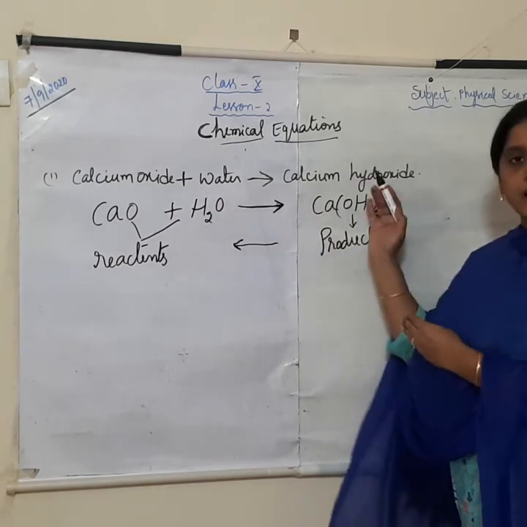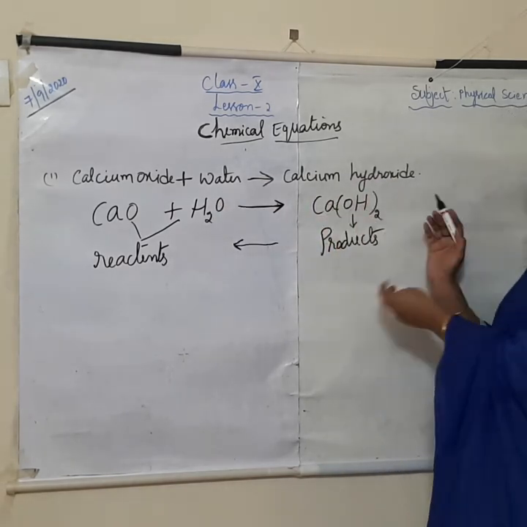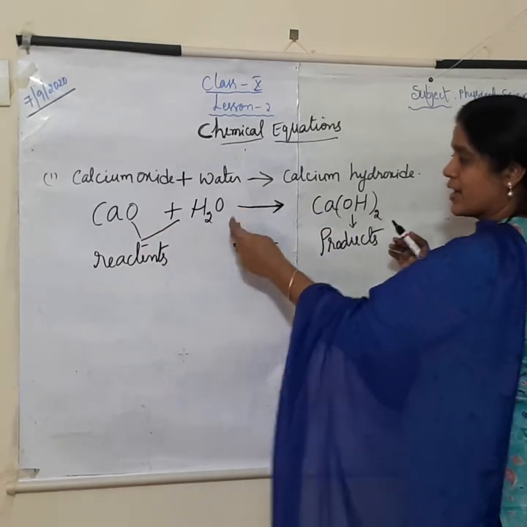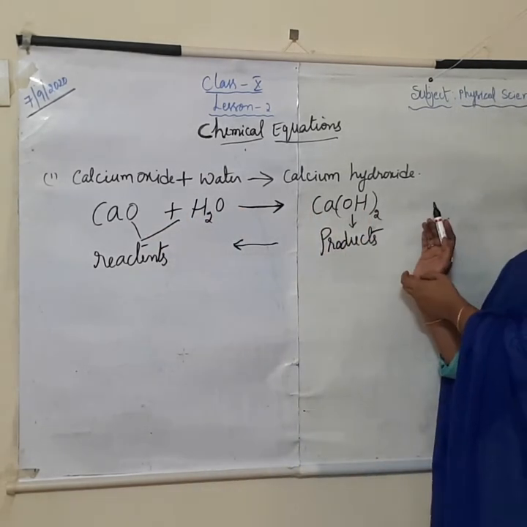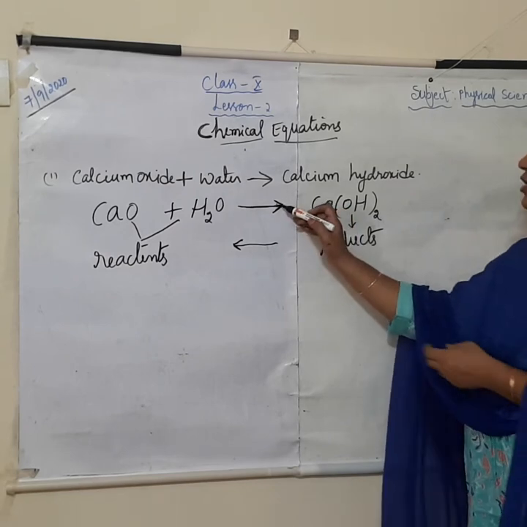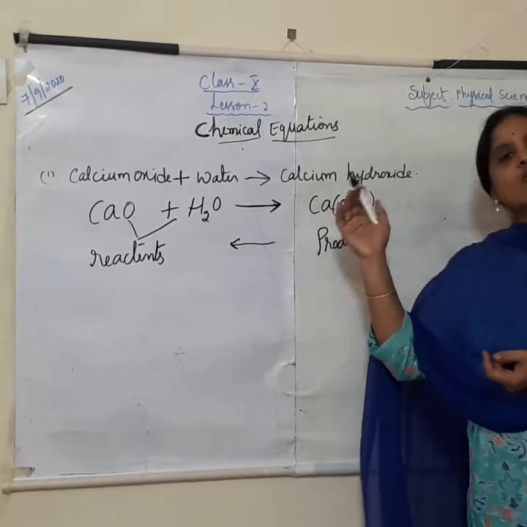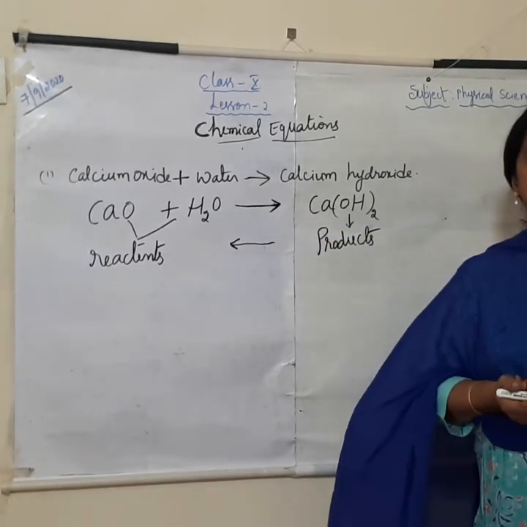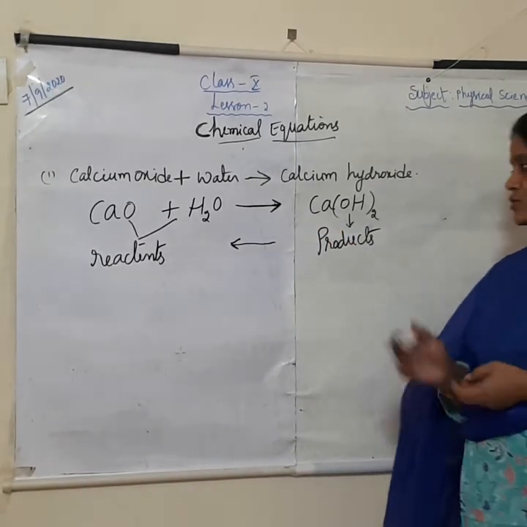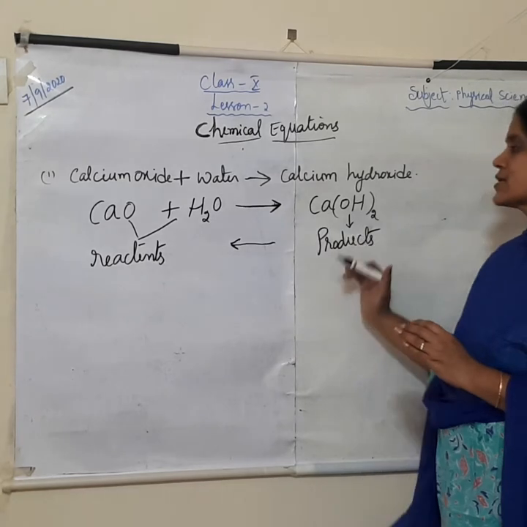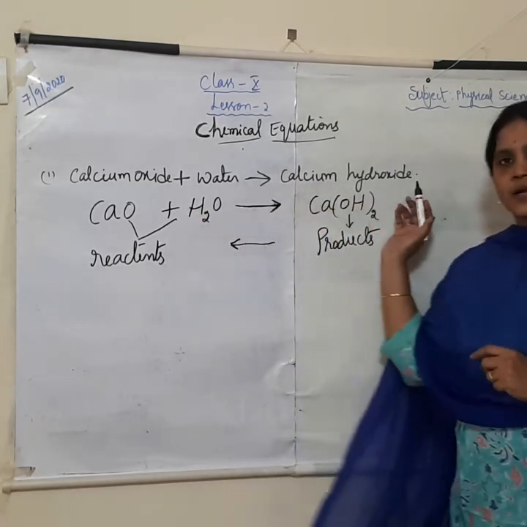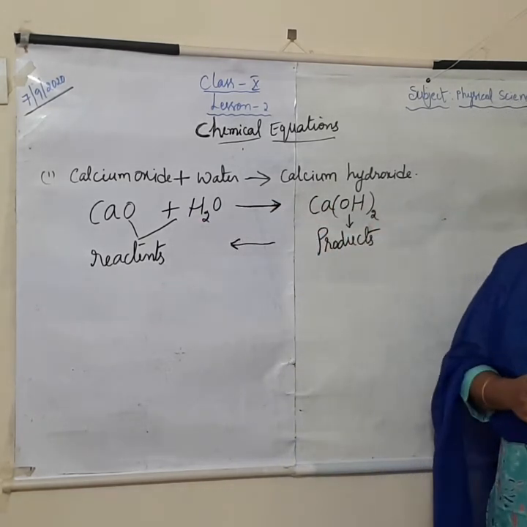From left to right, the reaction takes place, meaning these two combine and form these new substances. The substances on the head side of the arrow we call products. So don't confuse reactants and products, and these two are separated by the arrow mark.